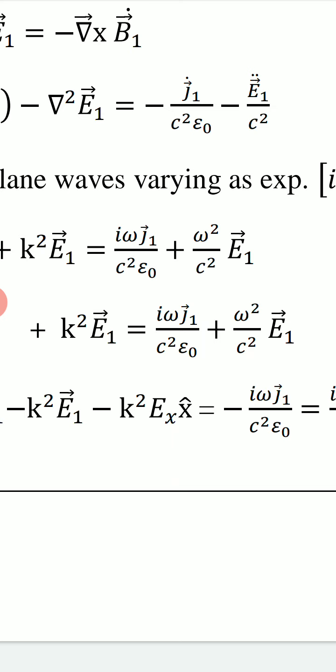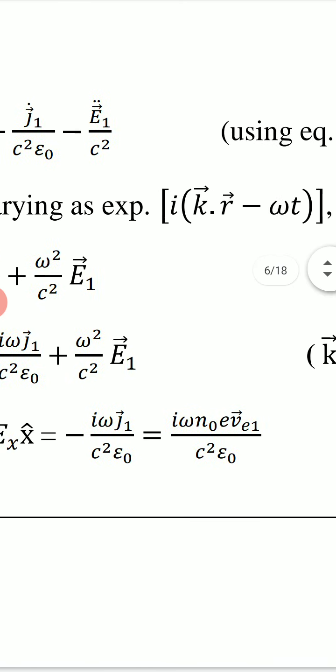Similarly, in the second term of the right hand side we have E1 double dot. Double dot means 2 times differentiation with respect to t, d2 by dt square. Differentiation with respect to t, delta upon delta t, is minus i omega.